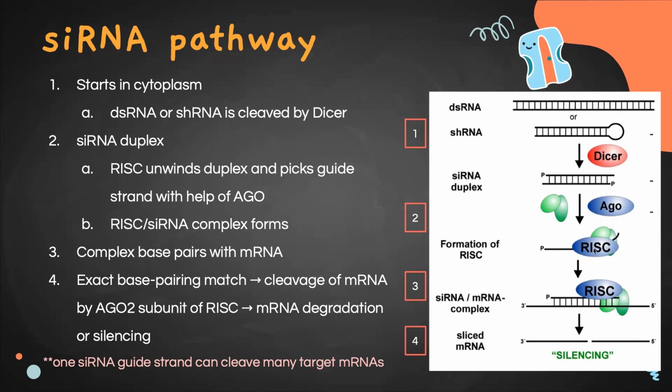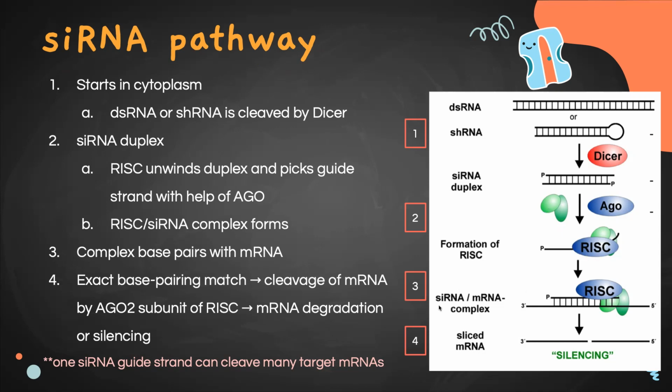So now you have the RISC-siRNA complex, and this complex can base pair with mRNAs that the siRNA is compatible or complementary with. That is why it can be an exact base pairing match.